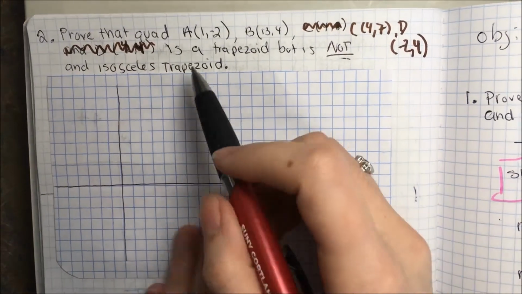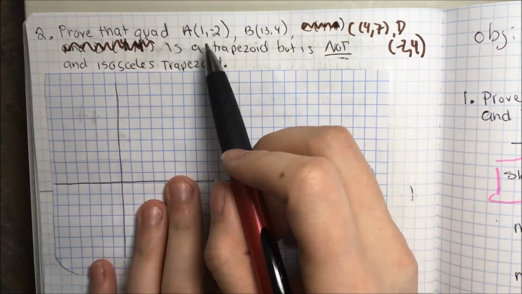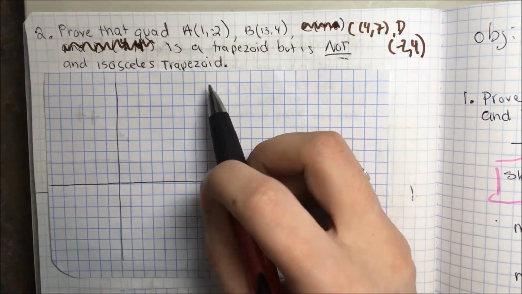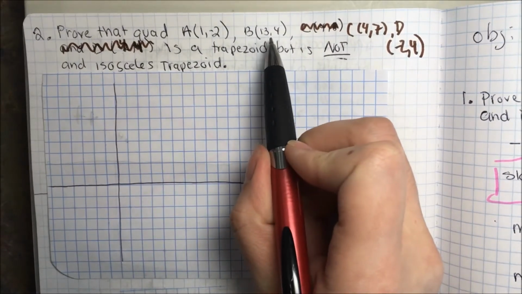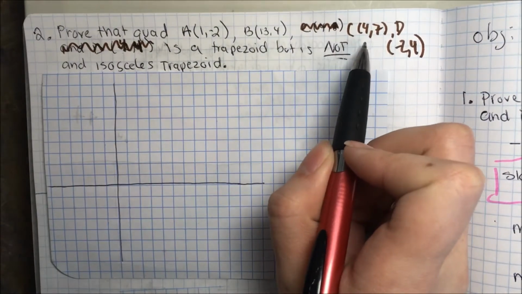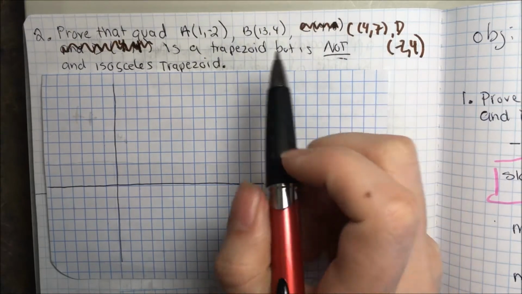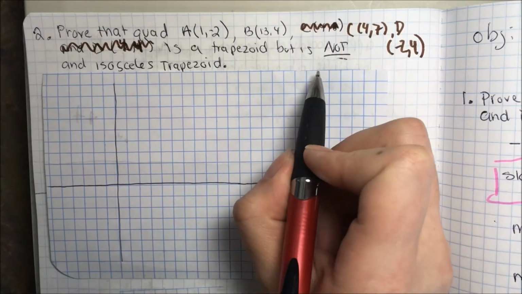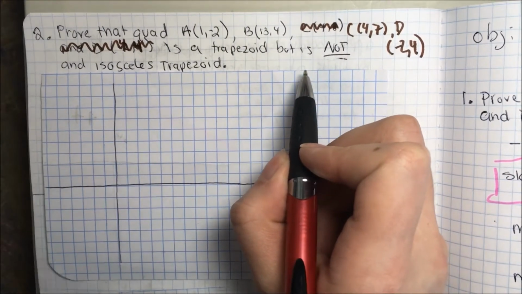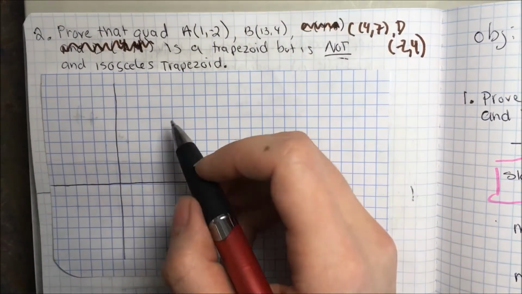So in our second example, we're going to be proving that a quadrilateral with points A (1, negative 2), B (13, 4), C (4, 7), and D (negative 2, 4) is a trapezoid, but is not an isosceles trapezoid. So the first thing you want to do is to plot our points.